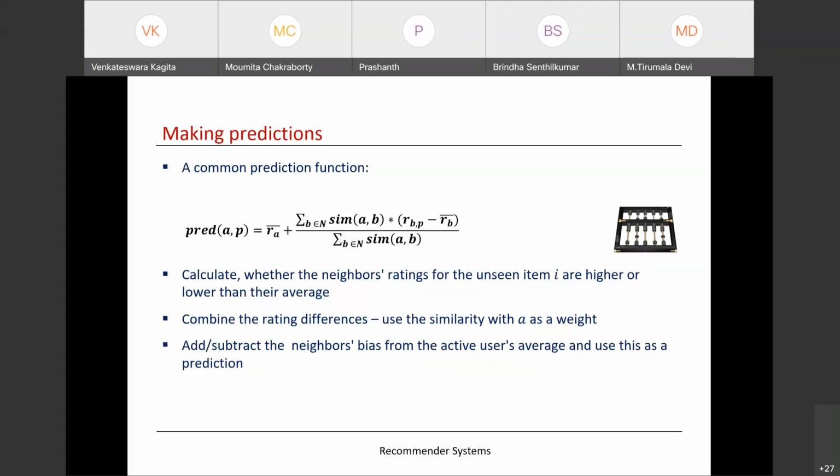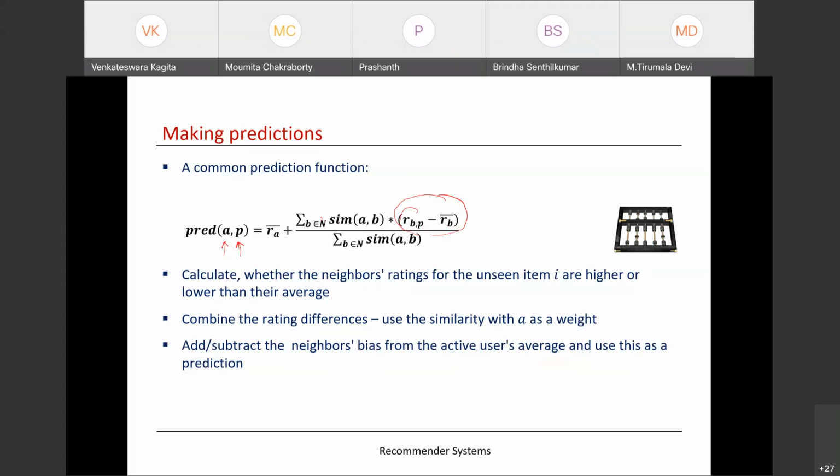N is the set of neighbors, and we consider their preference for a particular item. Suppose we want to measure the prediction of user A on item P. We consider the neighbor's rating on P, whether it is above or below the average.